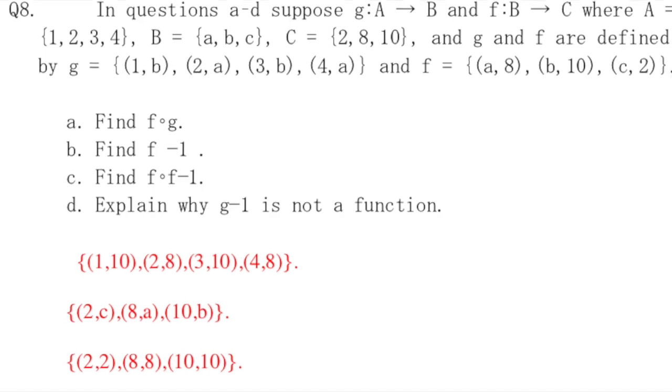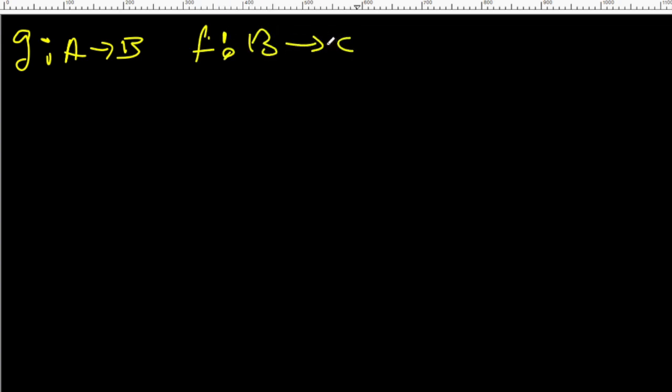So we have now a function called G, and G is mapping A to B, and I have another function called f, and this is mapping B to C. I will solve this question in the complex way, so to speak, which means the first ask is finding f composition g.